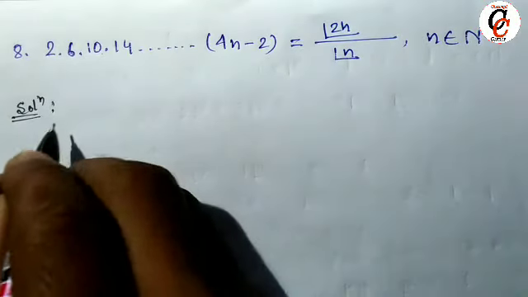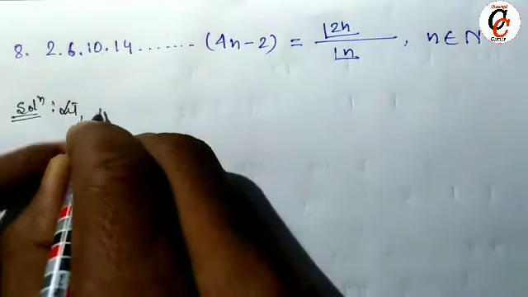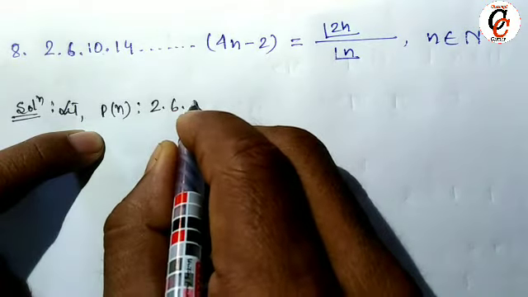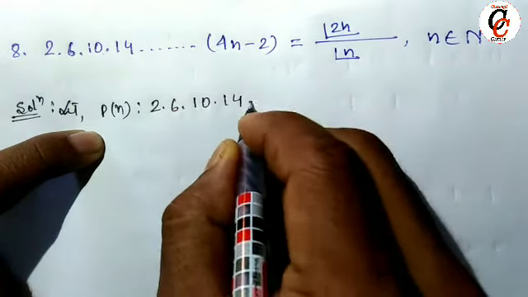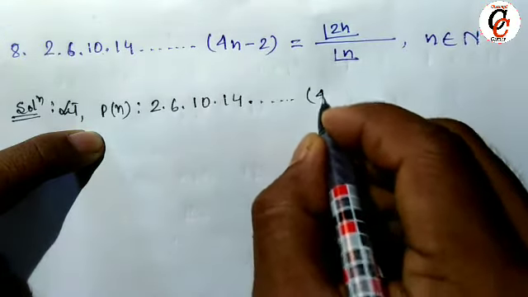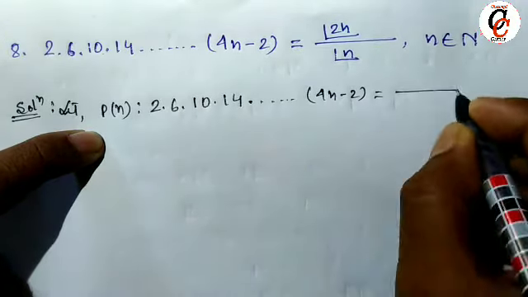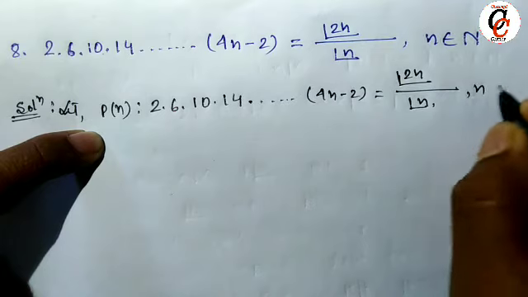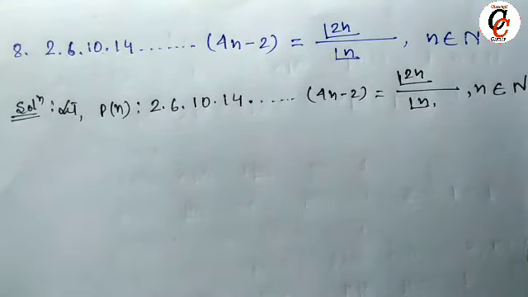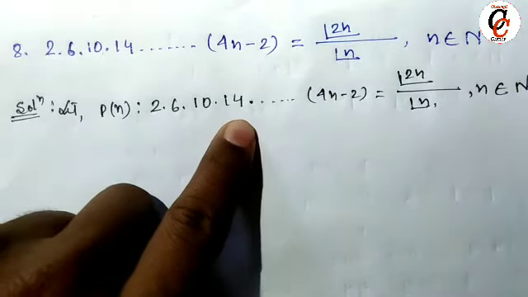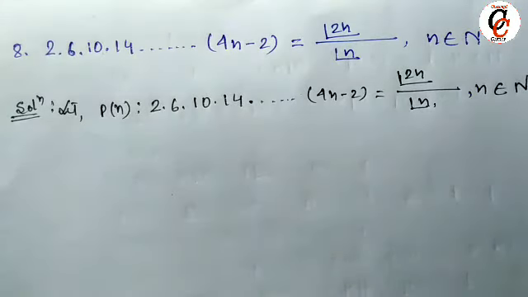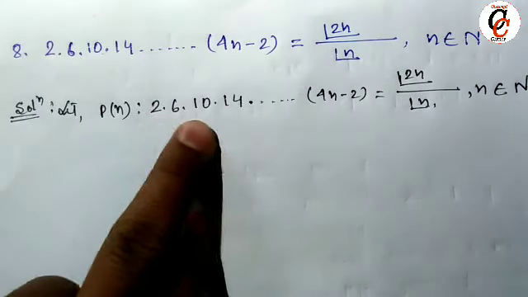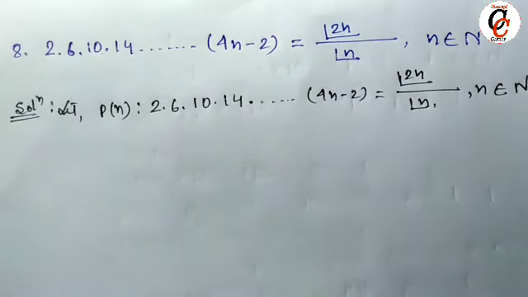So let Pn be 2 into 6 into 10 into 14 up to 4n minus 2 is equal to factorial twice n by factorial n, where n belongs to capital N. Here, see, plus sign is not there. Remember it. If we see the symbol given here, plus sign is not there, that means the product of the numbers is equal to factorial twice n by n factorial.